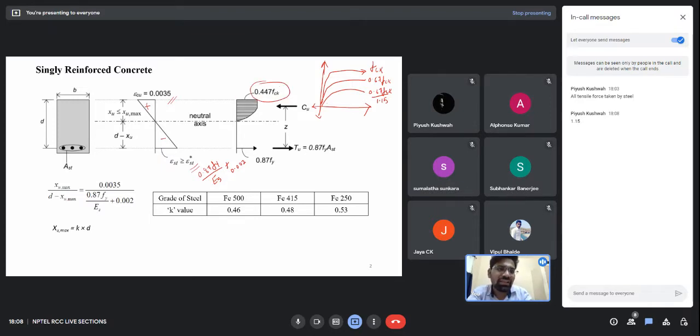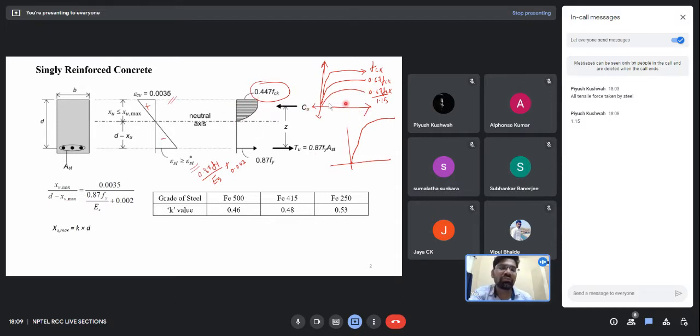So now you can see the nature. Let me draw it properly over here. You can see our graph is first linear, then it becomes a parabolic path. So from this stress strain curve only, we have drawn this variation of stress profile here.